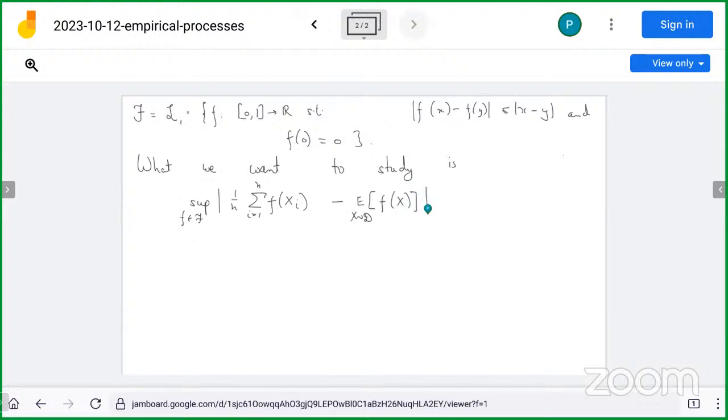Of course, this is a random variable, so let's say we want to look at what it is in expectation. You want to understand how big or small it is.